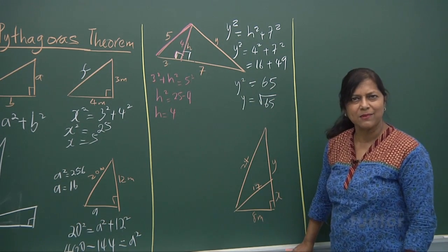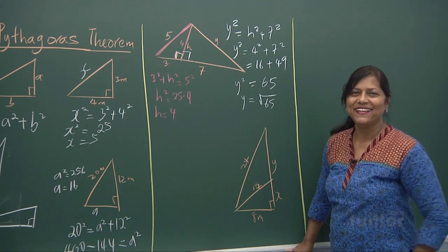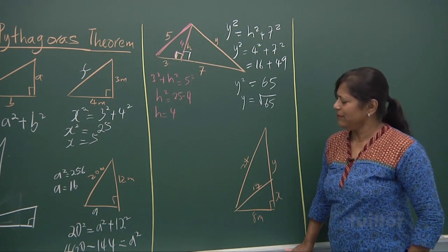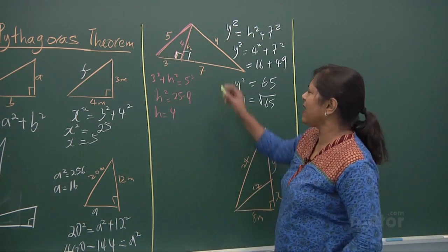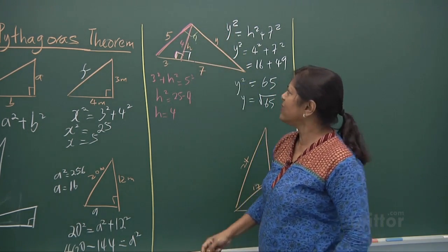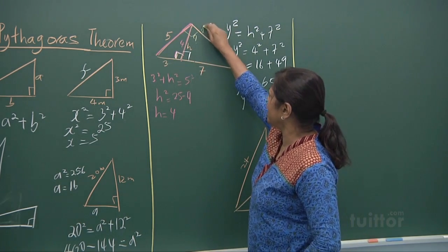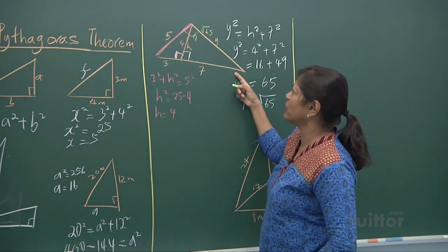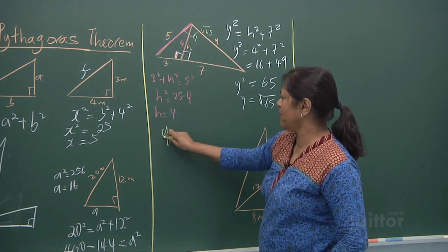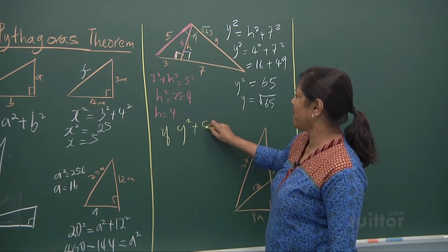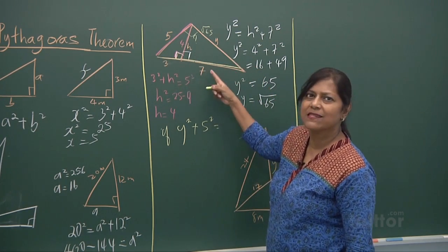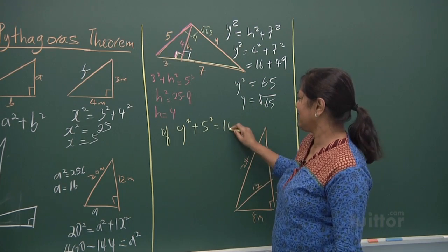Have I made a careless mistake? No. Right, okay. So you've got y, the square root of 65. Now I want to ask you, can this angle ever be 90 degrees? If you want to find out, if it's so, then y squared plus 5 squared should equal this whole length, 3 plus 7 is 10, 10 squared.